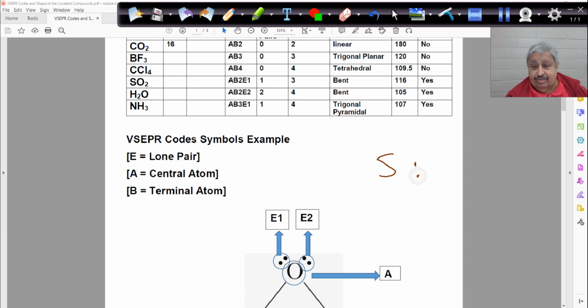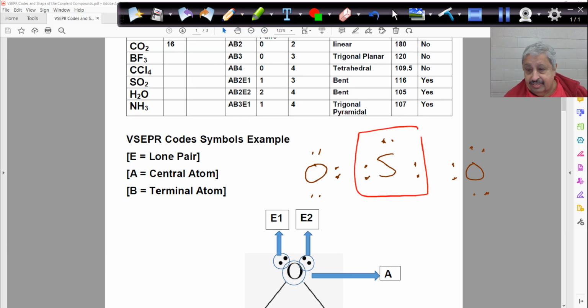I'll put here because oxygen likes to have always what? For octet rule, always 6, double bond. You can see this oxygen loves to be in double bonds here. So this is 4, and we put 6 here. Okay. So now let's look at this.